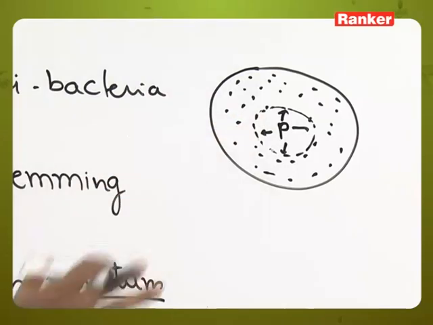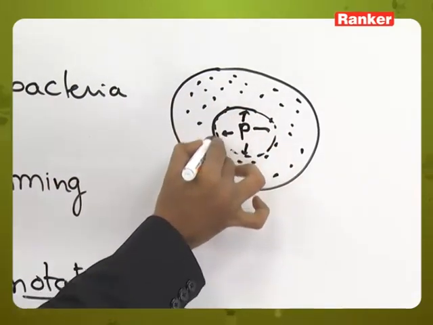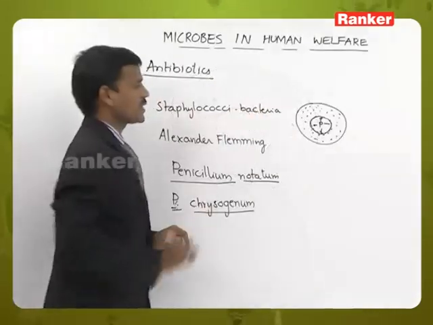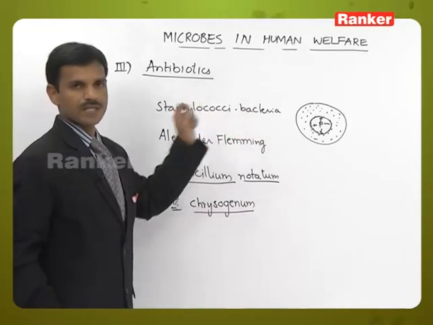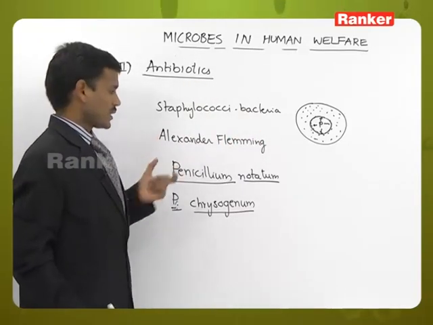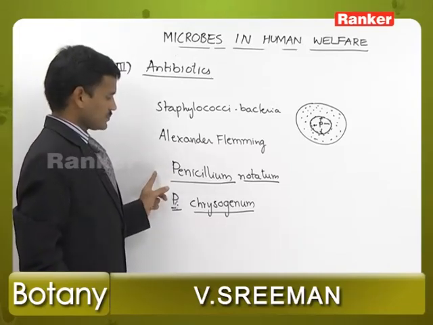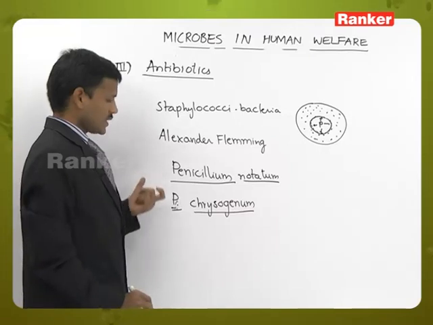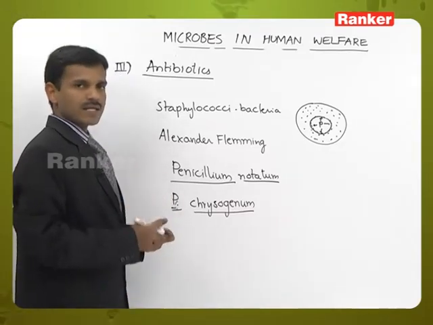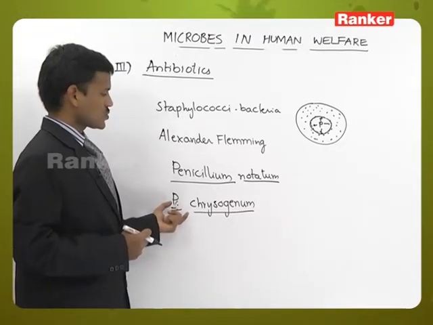In this area no bacteria are growing. Why? Because the Penicillium fungus member is there, inhibiting the growth of bacteria. First he identified the penicillin antibiotic in Penicillium notatum. It is extensively extracted from Penicillium chrysogenum.